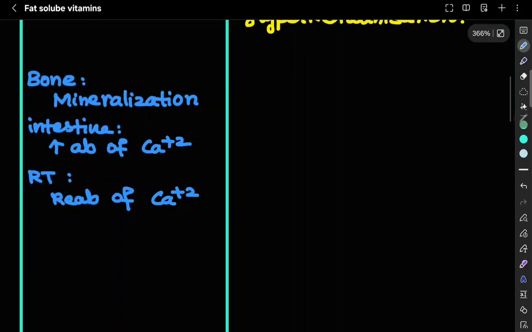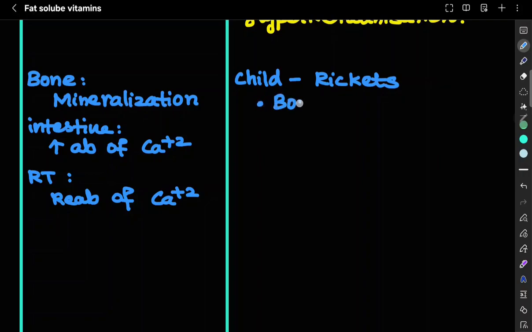Next, since the function is related to bone, the deficiency will cause some bone disorder. So we'll have rickets and osteomalacia. In children, it is called rickets. So some features of rickets include bow legs. So the legs become something like this, okay?